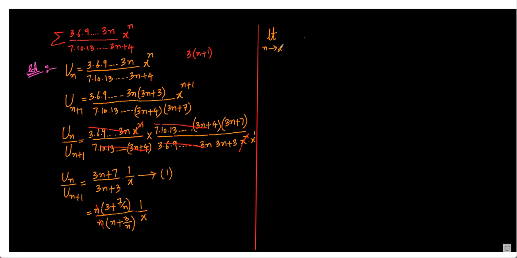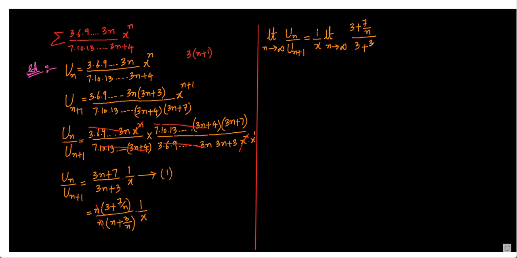Now taking limit n tends to infinity. un by un plus 1 equals limit n tends to infinity. Before that, 1 by x is a constant, so pull it out. Here what is left is 3 plus 7 by n divided by 3 plus 3 by n.